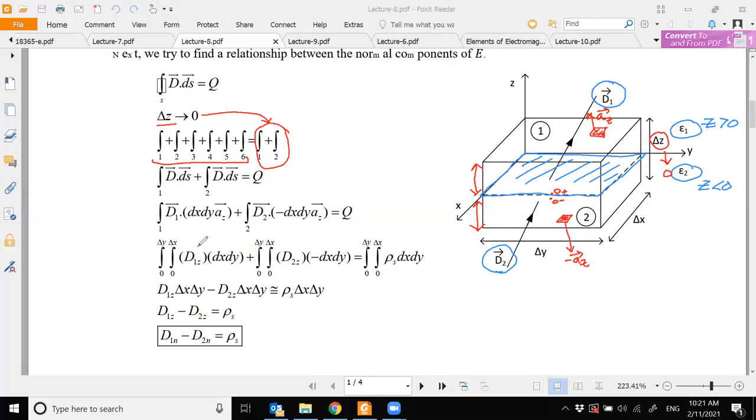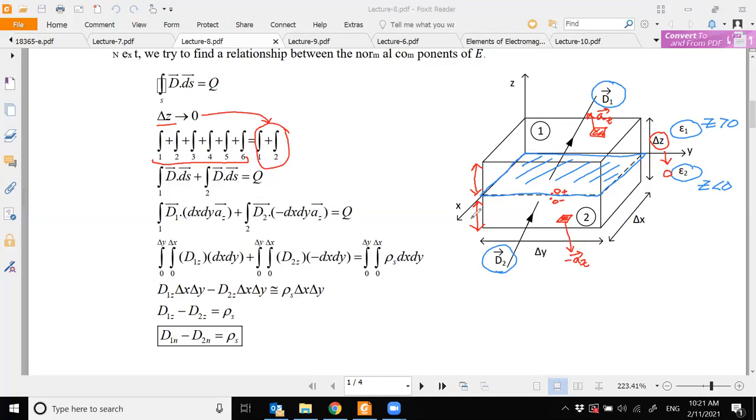So you will have D1z multiplied by dx dy, because aZ dot aZ becomes 1, whereas D1x aX dot aZ becomes 0. So it vanishes. Similarly, D1y aY dotted with this will again vanish. So you end up with this multiplication, and for D2 also we end up with this multiplication.